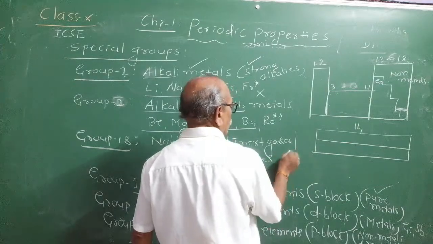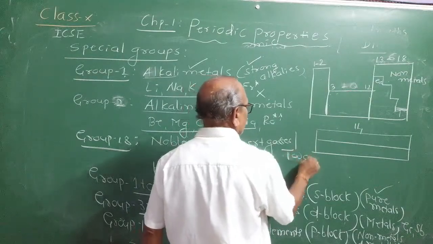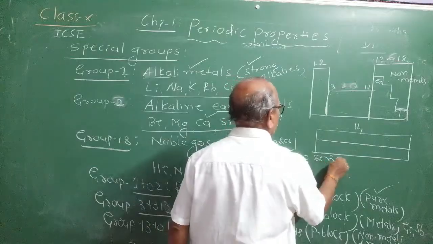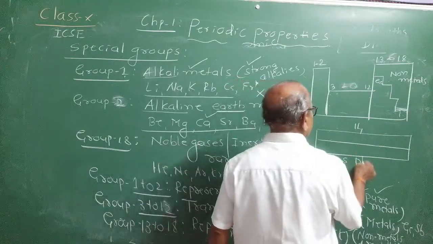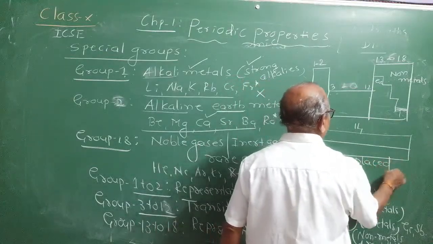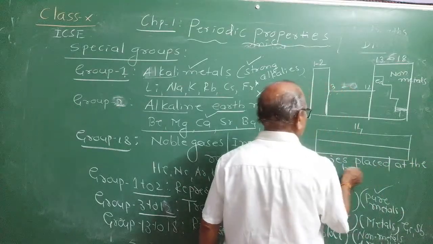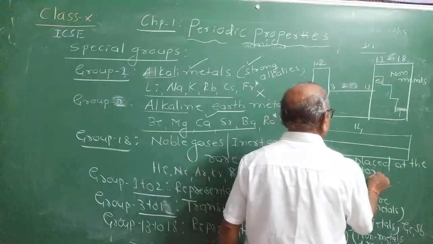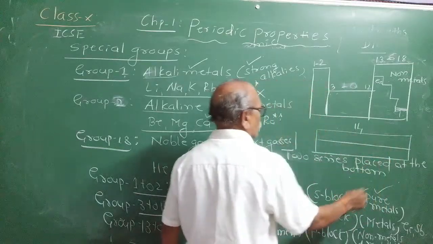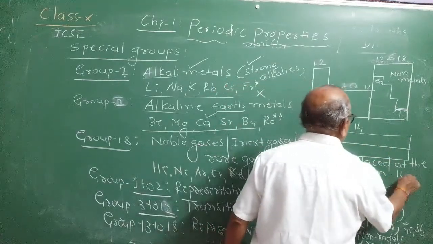two series placed separately at the bottom. Remember some facts. At the bottom, we'll have two horizontal rows of 14 elements.